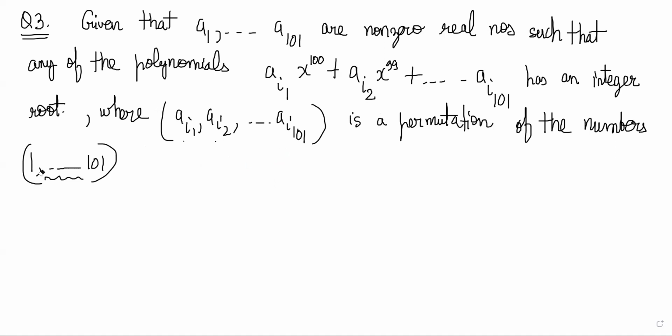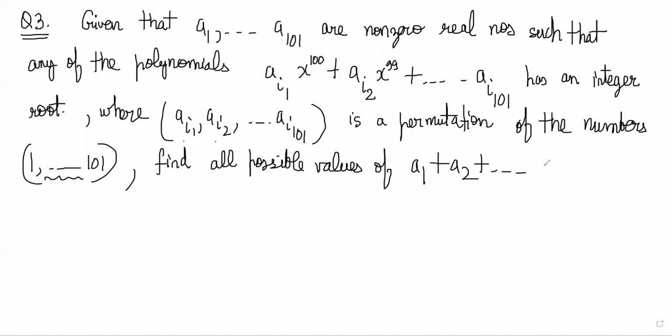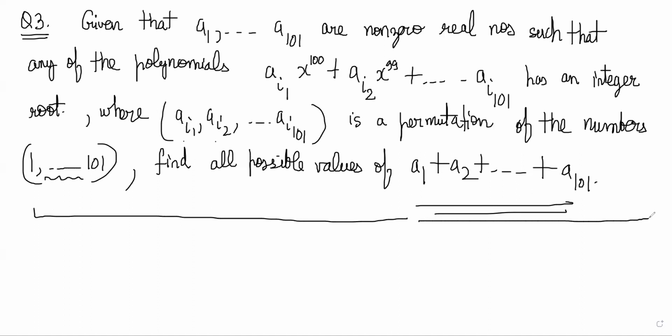We have to find, now the question is asking us, all possible values of a1 plus a2 plus up to a101. Find all possible values of the sum of these coefficients. Correct. So what we will try to do here is that we know that all of these polynomials have an integer root.